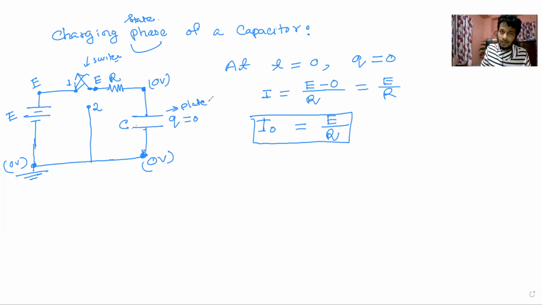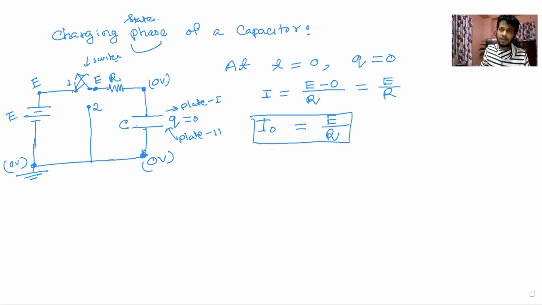This is my plate 2, suppose. So plate 1 is a conductor, so plate 1 has positive charge and negative charge in equal proportion. In the same way, plate 2 also has positive charge and negative charge in equal proportion, right? So after a small amount of time, what will happen?